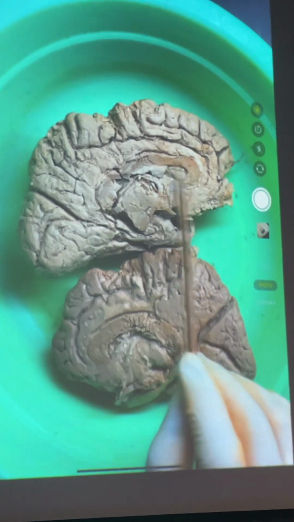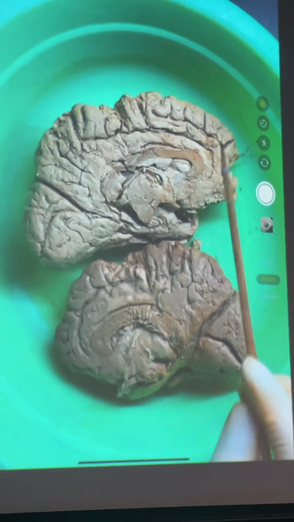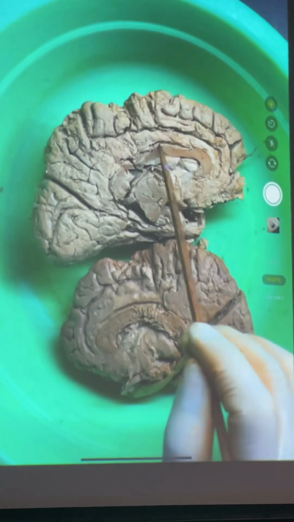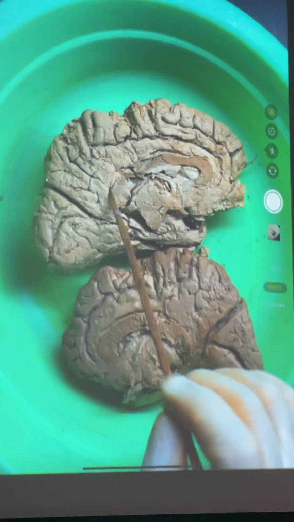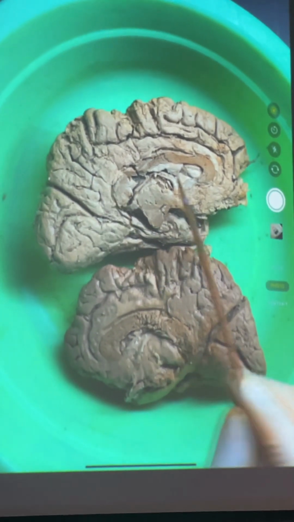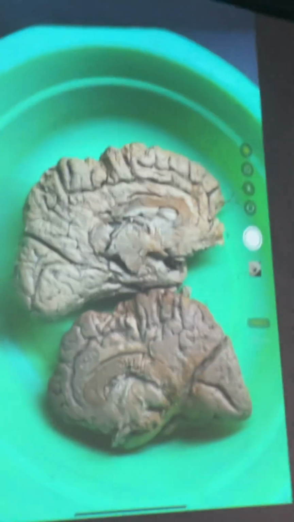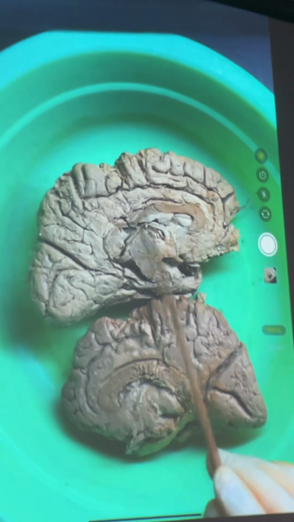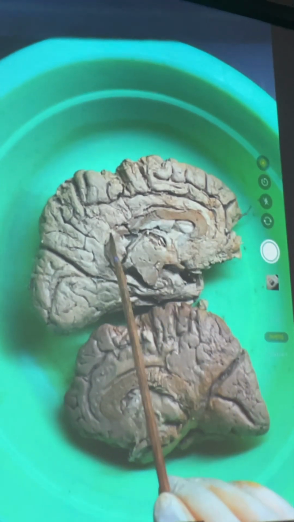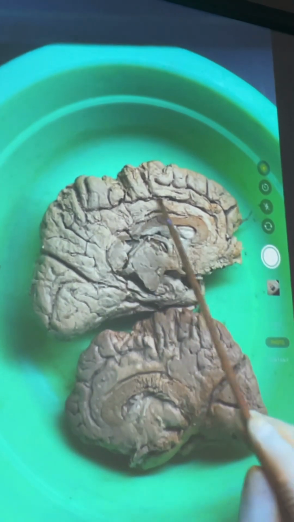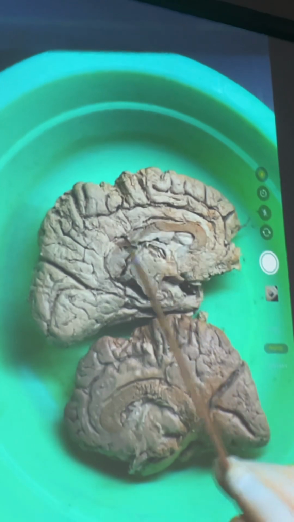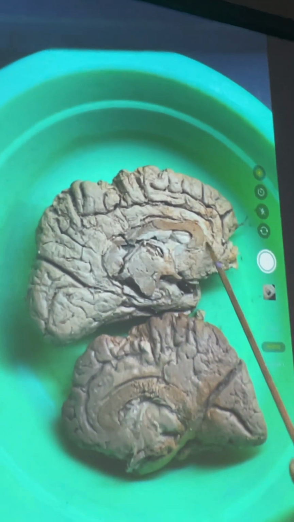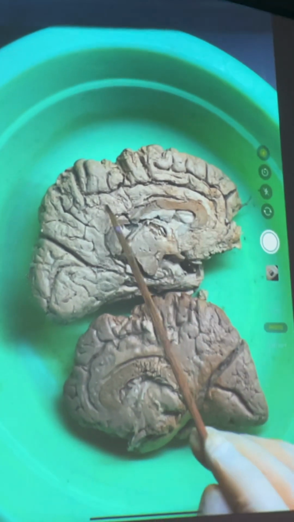So if this is the corpus callosum, the sulcus above that is known as the callosal sulcus. Callosal sulcus first because if there's a gyrus, there's a sulcus. So corpus callosum, callosal sulcus, then you see the single gyrus there, and that's why it's called cingulate gyrus.